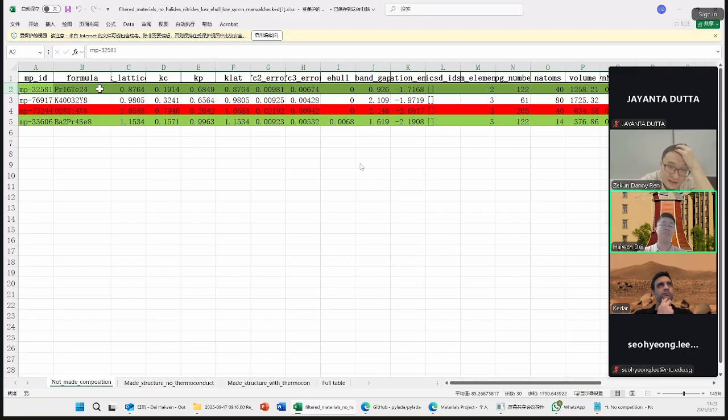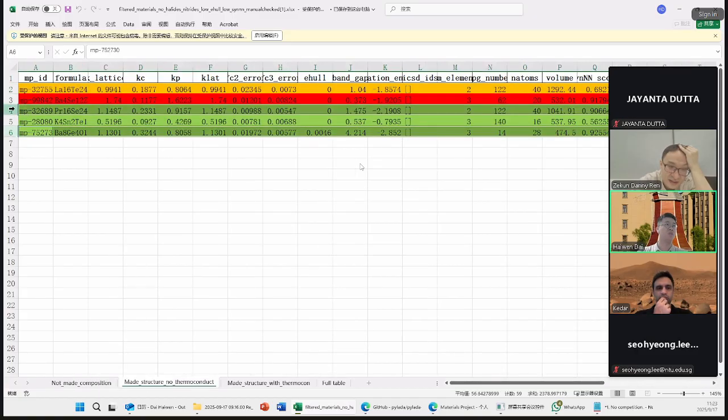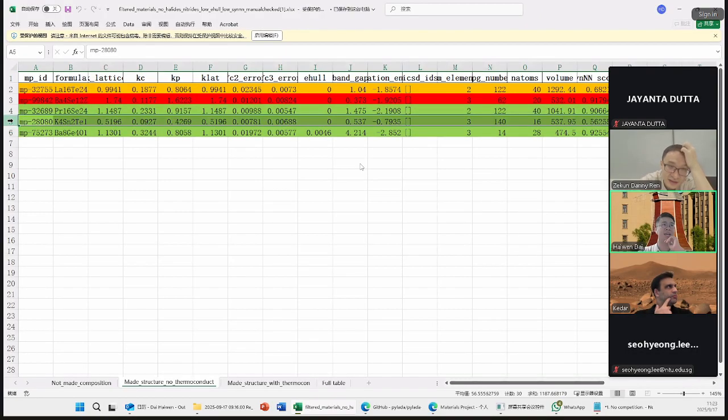So I have no idea how different they can be in thermal conductivity measurement. I think it's this one and this one, but maybe I'm wrong. I need to go back and check my raw data. What's confirmed is K2SNTE5, which is exactly the same as this one.